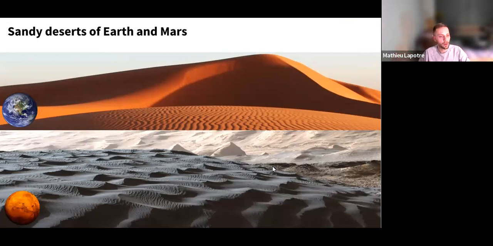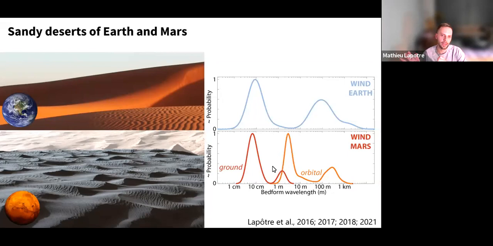Now on Mars, the picture is a little bit different. This is what we see here at the bottom left. This is a picture that was cropped from a mosaic of Mastcam images acquired by NASA's Curiosity rover in Gale Crater when it crossed a field of basaltic sand dunes. And here to the right, I'm showing you the distributions of bedform wavelength, or crest-to-crest spacing, as observed on both planets.